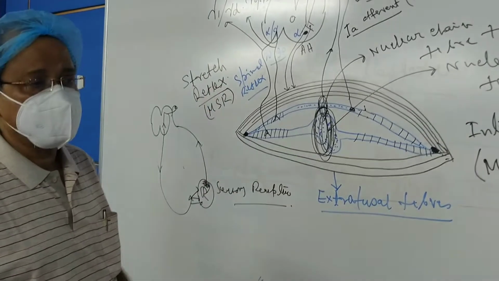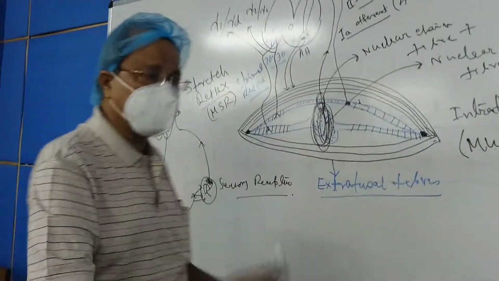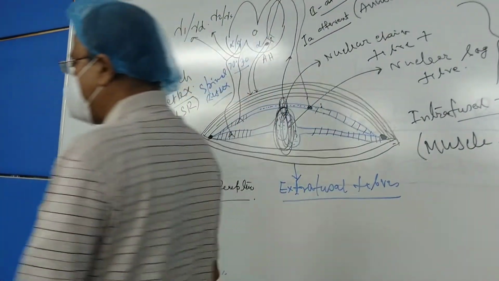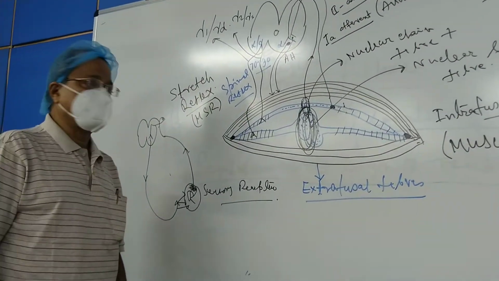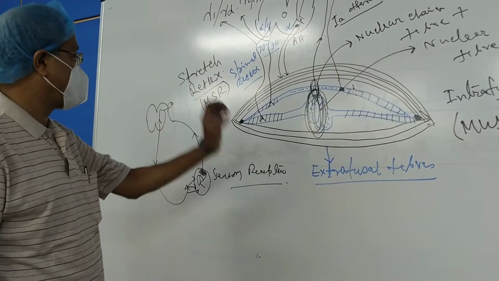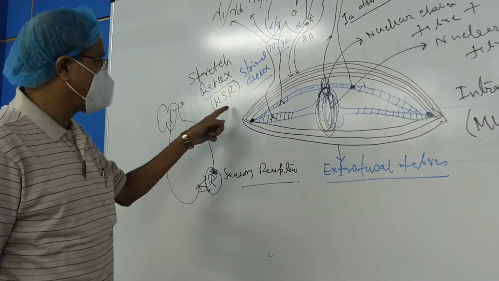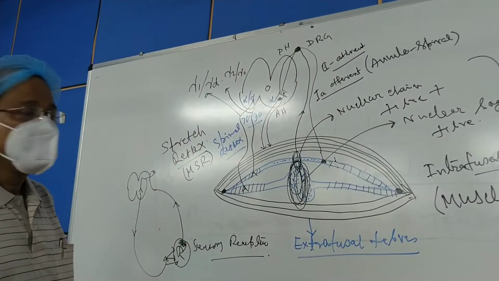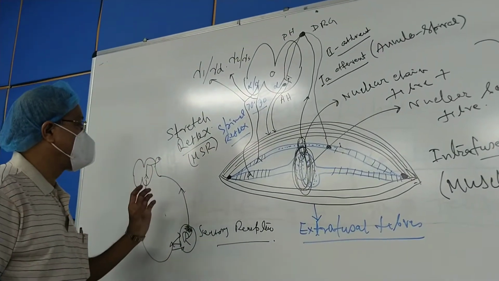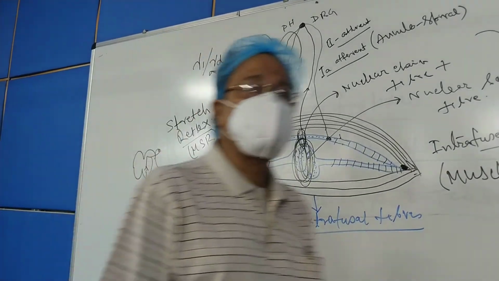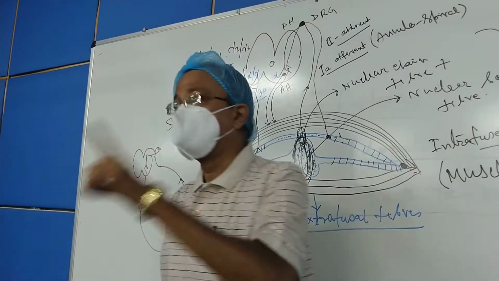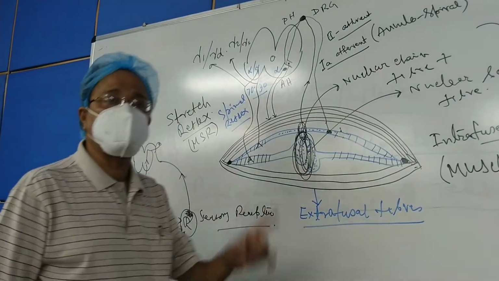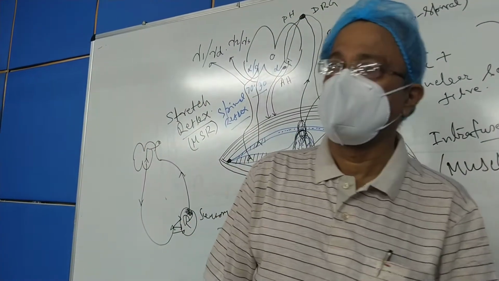So this reflex, whenever a muscle is stretched, it responds by contraction. This reflex is the stretch reflex, as I told you, monosynaptic reflex or MSR, because only a single synapse is involved in the whole pathway, or it is also known as the reflex of its own kind, which is the only single monosynaptic reflex present in our body.